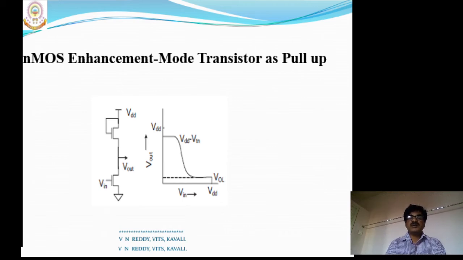Now let us see the operation with applying logic 1 at the input of the pull down transistor. Logic 1 means we are connecting VDD voltage at Vin. So with VDD at the gate of the pull down transistor, it goes to the on state. It goes to the on state means it acts as a short circuit, and the output is a short circuited voltage, a very small voltage, but it is not equal to 0.